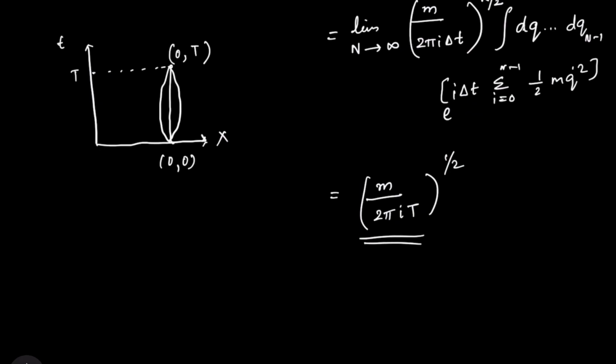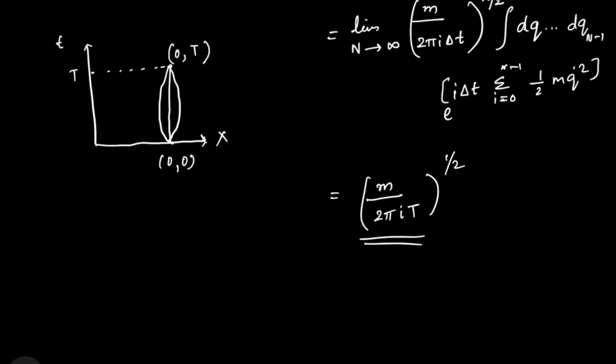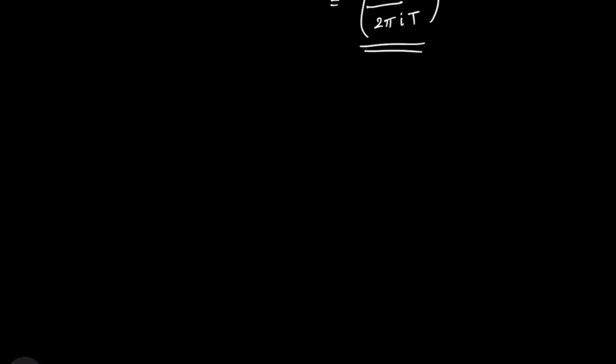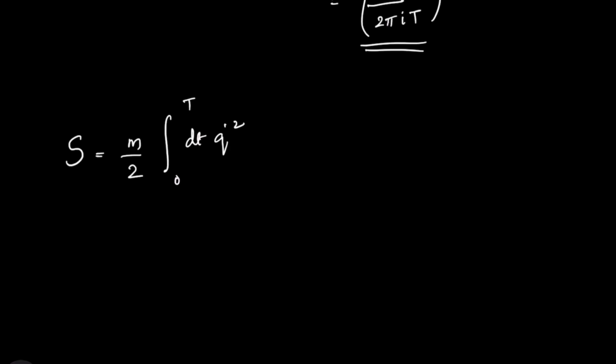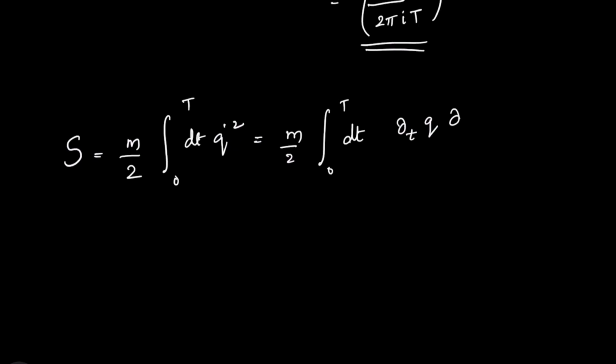So this is not a very efficient method. There is a less mathematically rigorous method where we take the action S equal to half m, which I am writing outside, then integral 0 to t dt q dot squared. So this I can write as m/2 integral 0 to t dt q dot squared, where q dot is the time derivative of q.